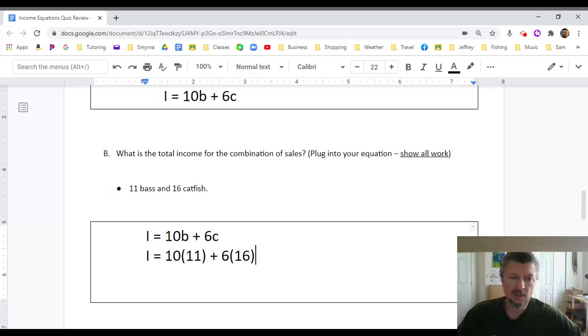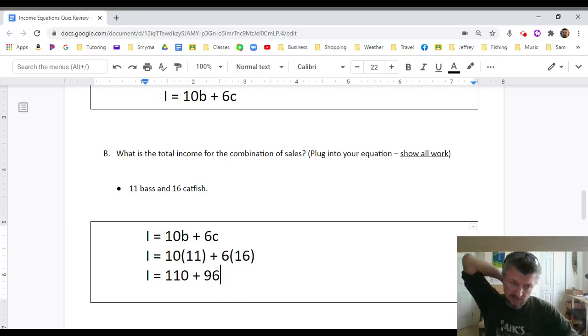Okay, so I make $10 for bass. 10 times 11 is $110 from selling bass. And what's 6 times 16? Let's see, 6 times 10 is 60. 6 times 6 is 36. 60 plus 36, 96. $96 from selling catfish.